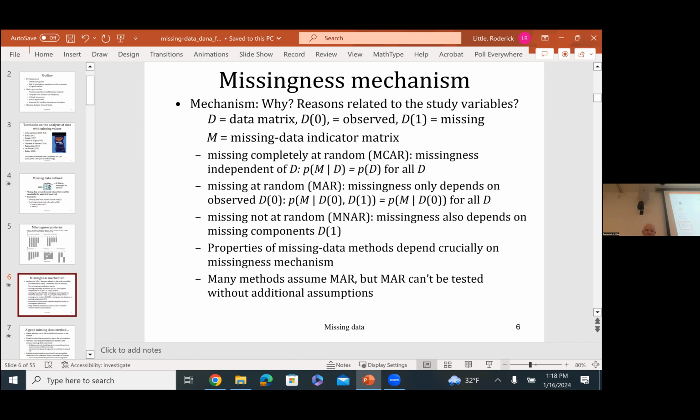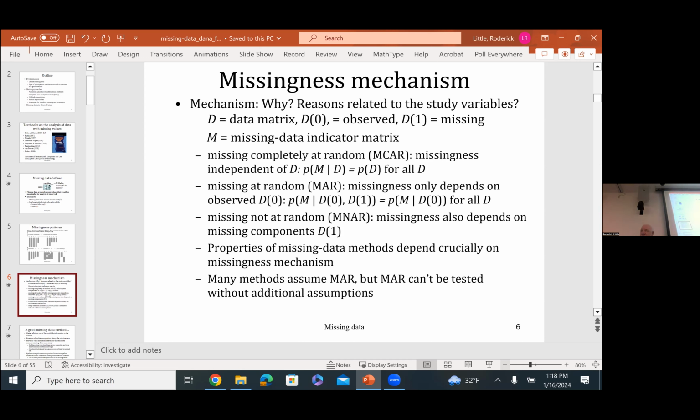So you have a data matrix D, and you have an observed piece of D, which I'm calling D0, and a missing piece of D, which I call D1. In the first edition of our book, we called these miss and obs, which is sort of convenient and intuitive, but people objected to it for various technical reasons.